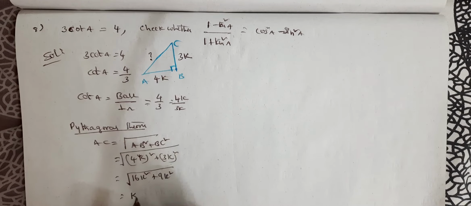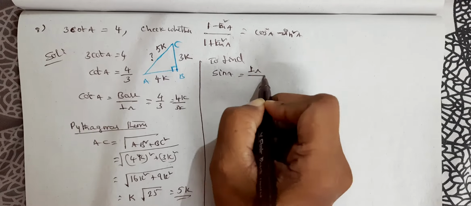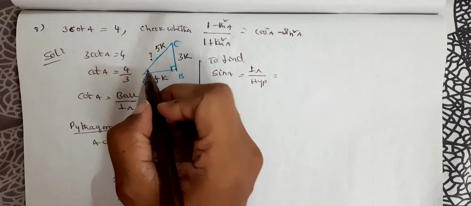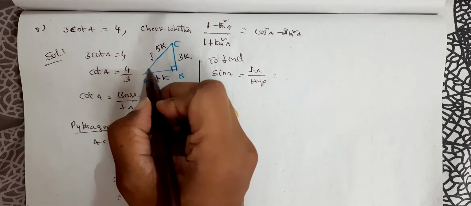Before that, what should we do? Yes, we have to find out sin and cos values. Now to find sin A, what is sin A? It is always equal to perpendicular divided by hypotenuse, or opposite side by hypotenuse. This is the angle which they are asking, so this is the opposite side. 3k by hypotenuse 5k, which is equal to 3 by 5.